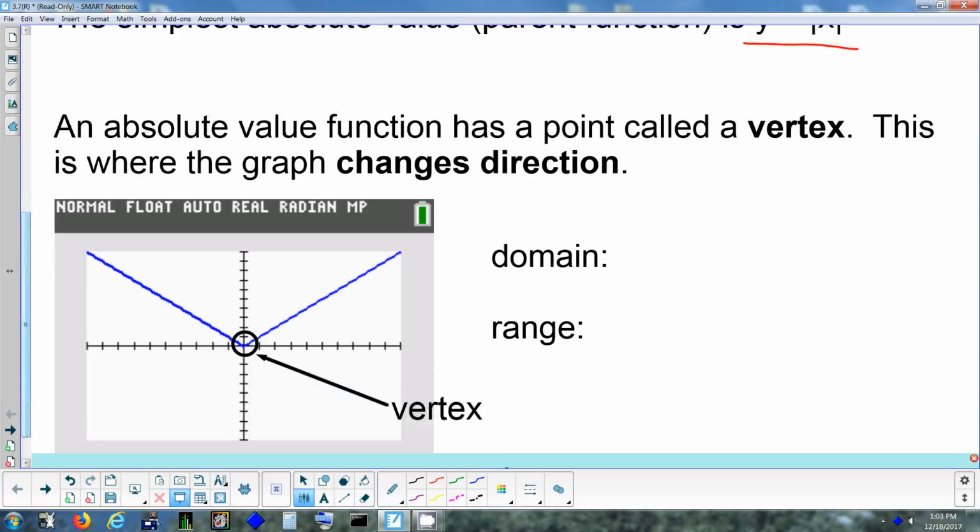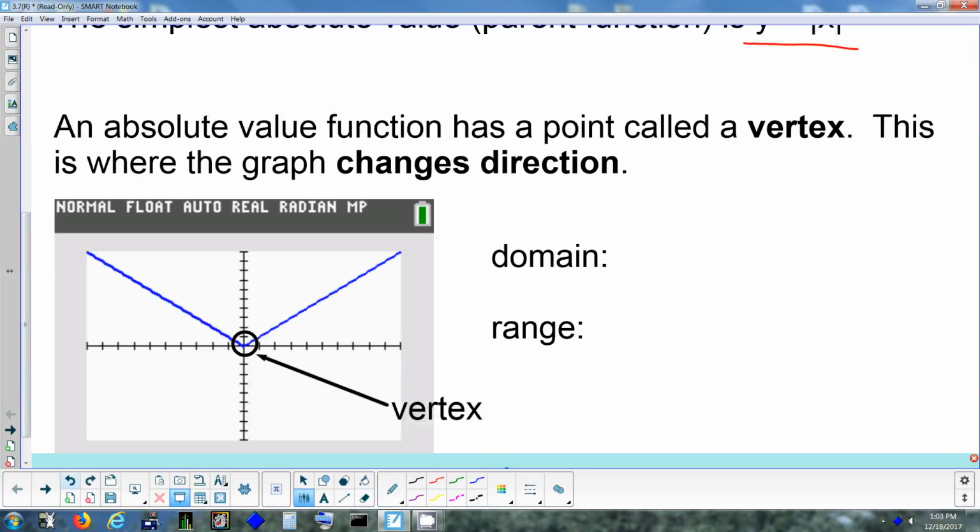The goal with an absolute value function is to figure out where that vertex is, and then from there, you draw the V. Notice the graph is going down, it hits that vertex, and then it changes direction.